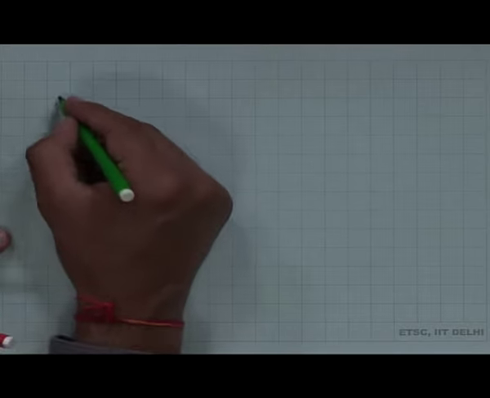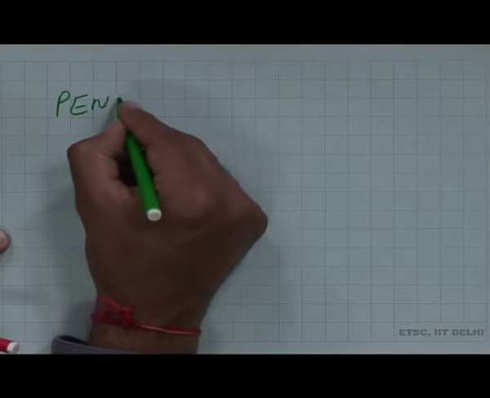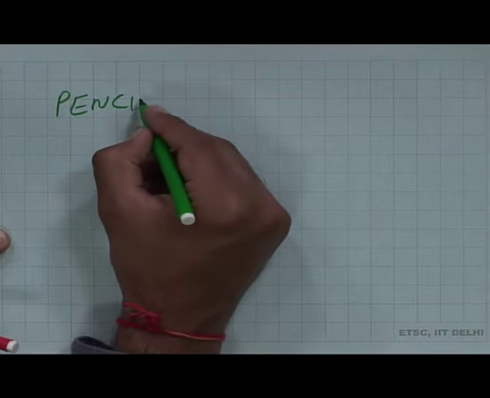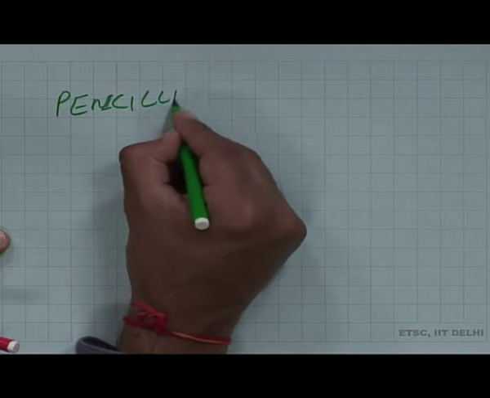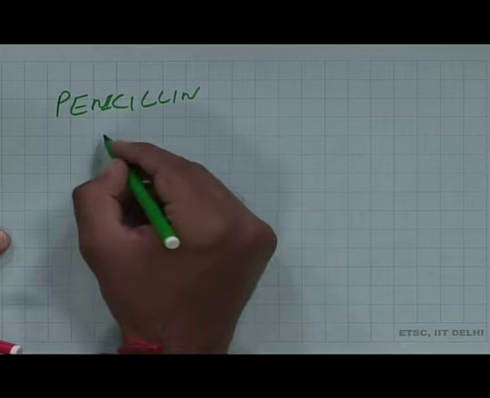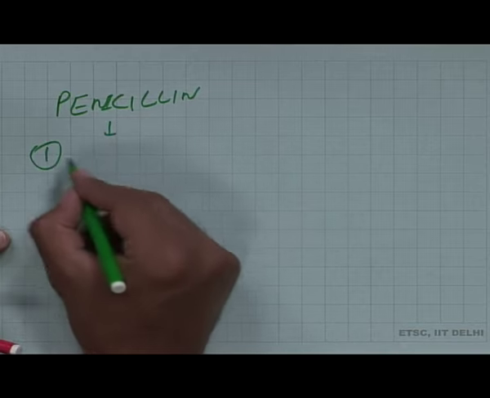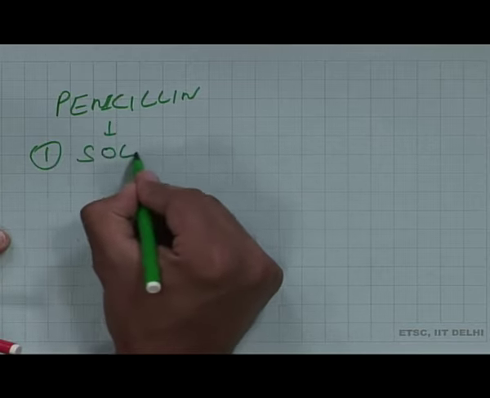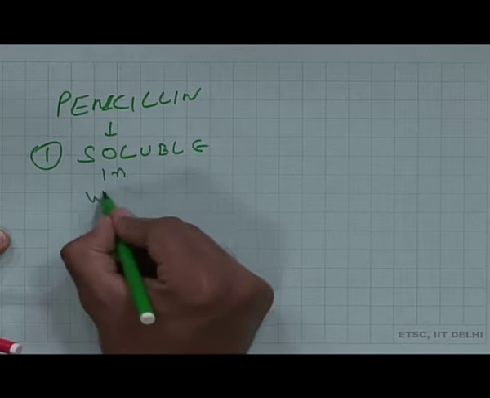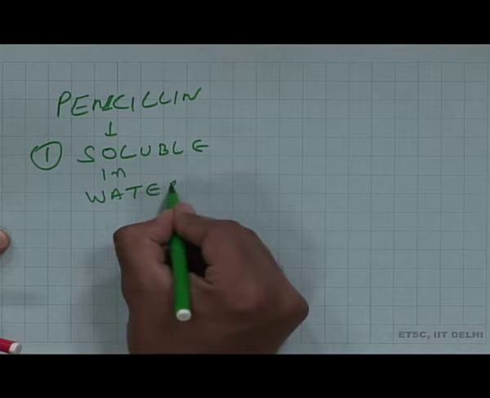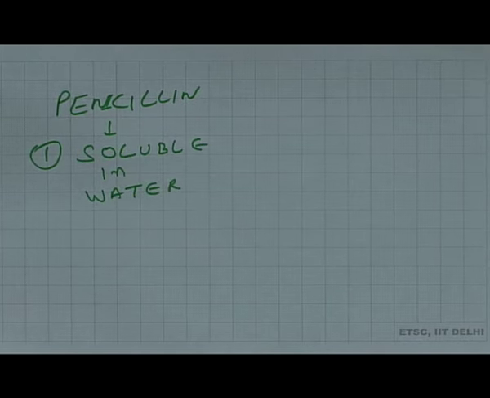So, what is the property of penicillin that can be used? Okay. Let us list down its properties. Is it soluble in water? Of course, it is also soluble in amyl acetate, but it is also soluble in water, and it is more soluble in amyl acetate as compared to water at certain pH values.